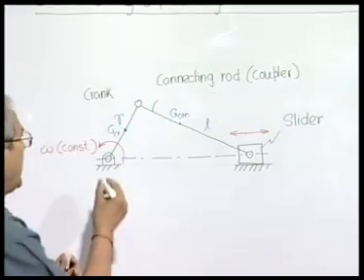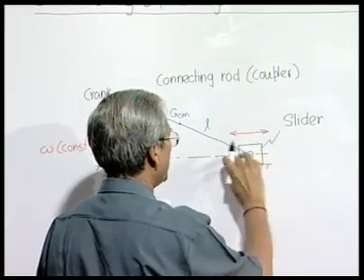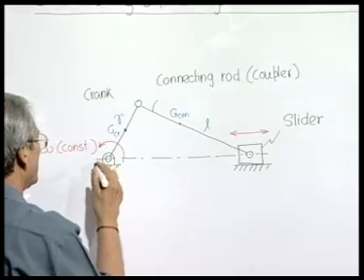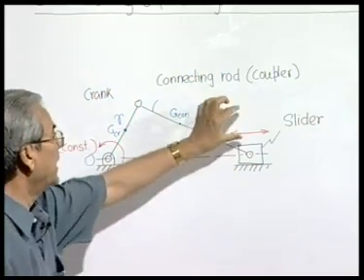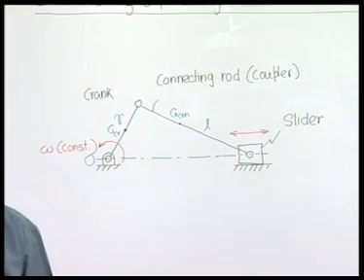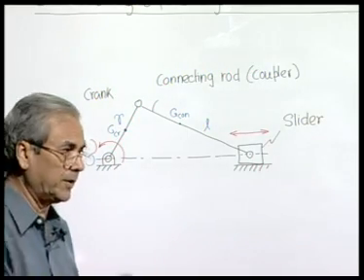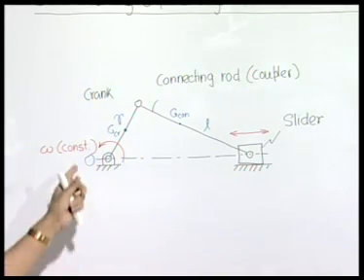Another important thing which you should notice in this case is that we have treated a case where the slider is reciprocating along an axis which passes through the origin O, which is generally not the case. It could be here or here, that means with a certain amount of offset, but since offset cases are not very frequently used, we are using the most frequently used situation where the offset is 0.